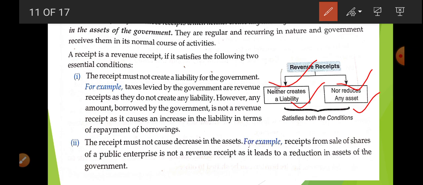If you talk about borrowing, suppose you immediately require 200 rupees for some activity in the school. Suppose you took this 200 from a classmate, so this creates a liability, you have to pay it back. So this is not a revenue receipt.